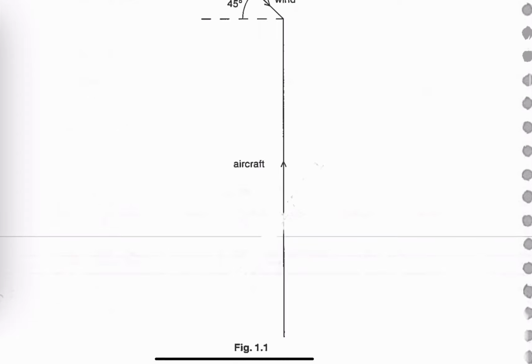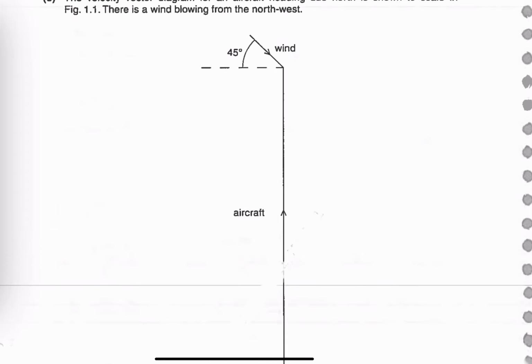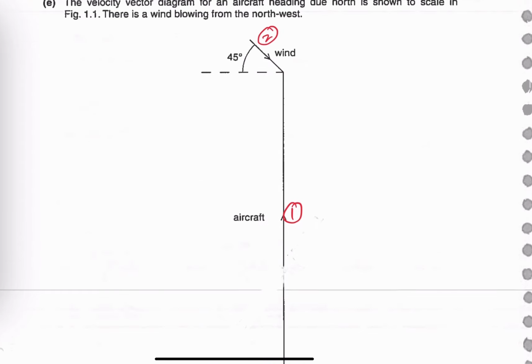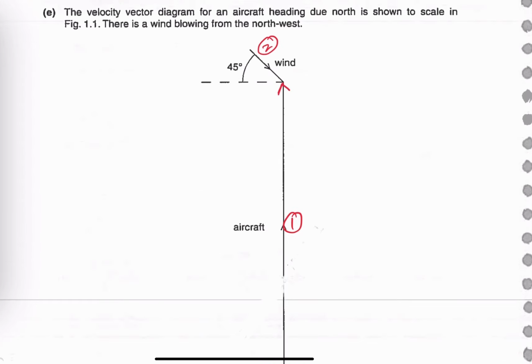Let's suppose this is the first one and this wind is the second one. So this is the tail of the second vector, which should be at the head of the first, and its direction should be 45 to the x-axis.